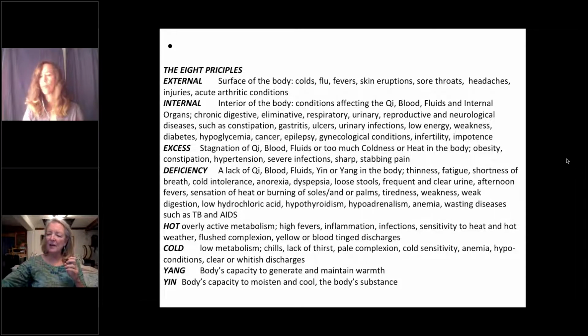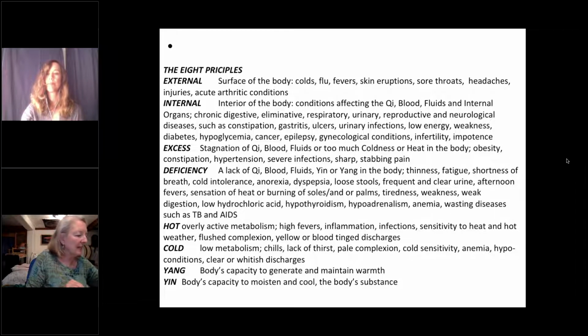Excellent. Yes, that's how I do cases. How I'm going to do them on Friday is exactly that: you've got the eight principle chart, you've got the hot and cold chart, and what's the main complaint here first? So that's important also.